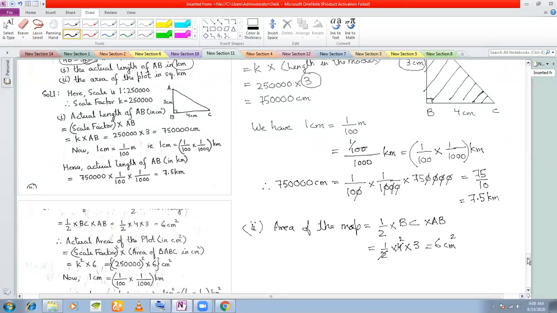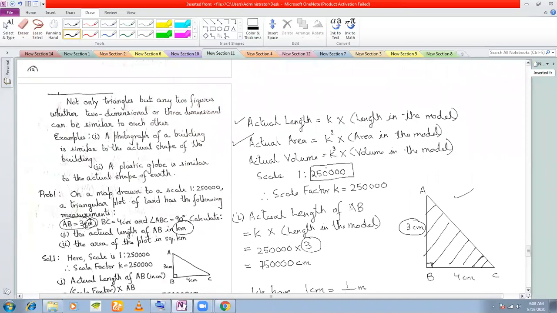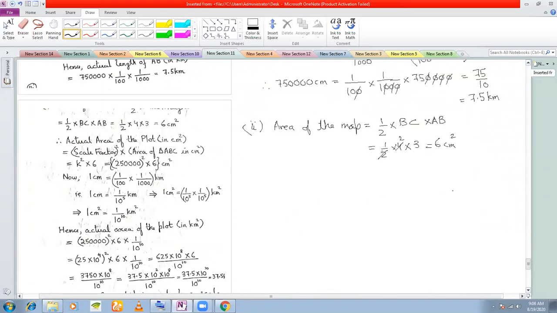Now the actual area is the square of the scale factor into the area in the model. And the area in the map we have found out is 6 centimeters square. So actual area is equal to k square into area in the map.